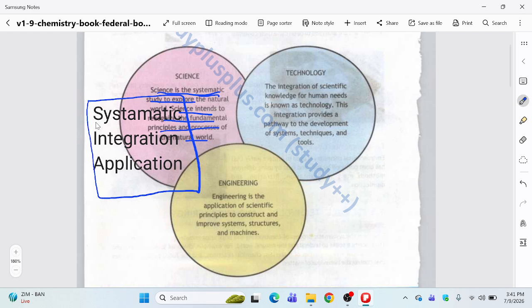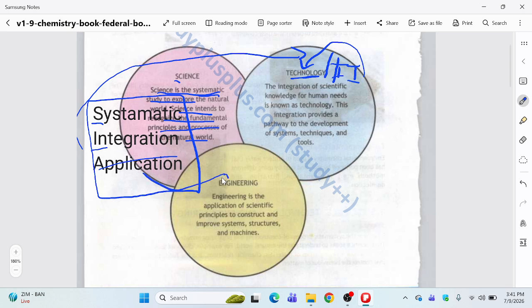I even gave a shortcut to remember this: S. We said technology we can say IT also, information technology. So integration, I with I, and if you don't remember the heading, you can remove the I, it will come T. T is technology. Then application, we know that one is remaining, so application is used over here.